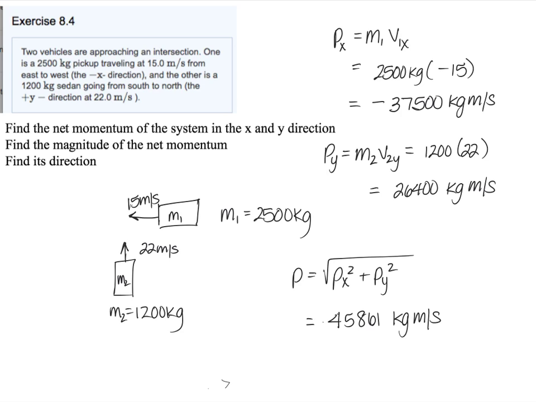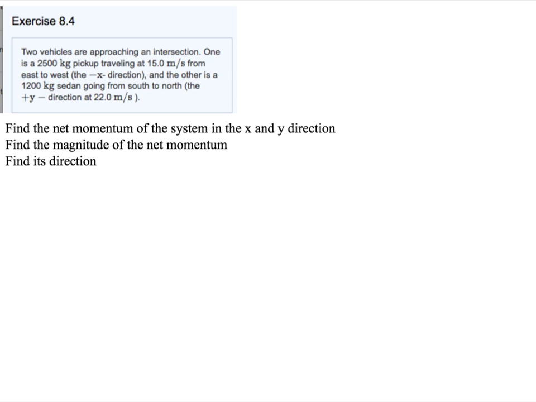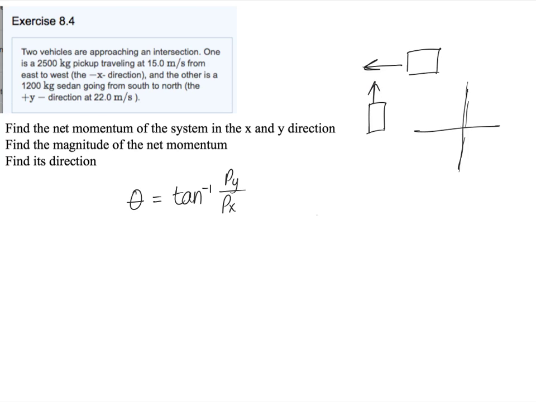And then finally, the direction of the net momentum is the angle whose tangent is equal to the y component over the x component. Just to remind us, we have some momentum in this direction, we have some momentum straight up. If we imagine an xy plane, we should expect that the net momentum, the total, is going to be somewhere up in that second quadrant.